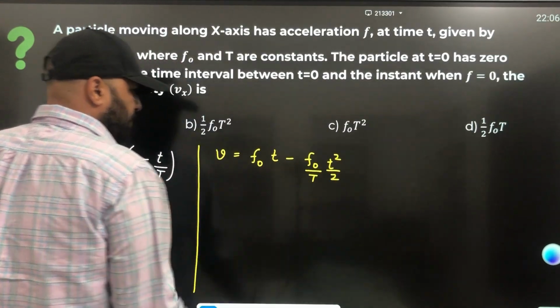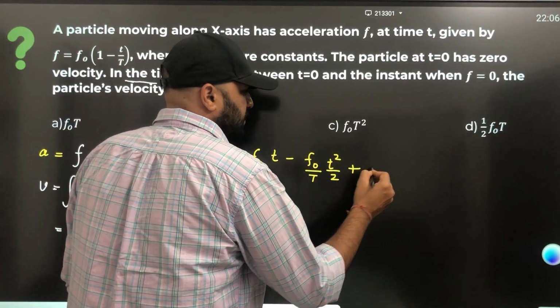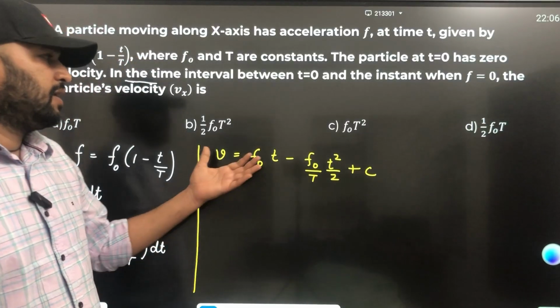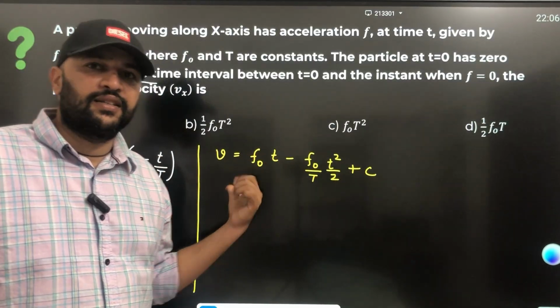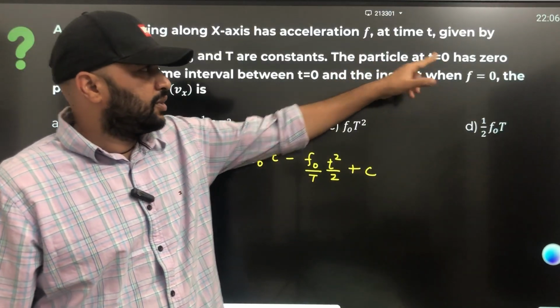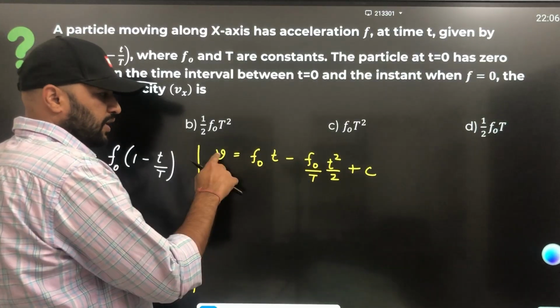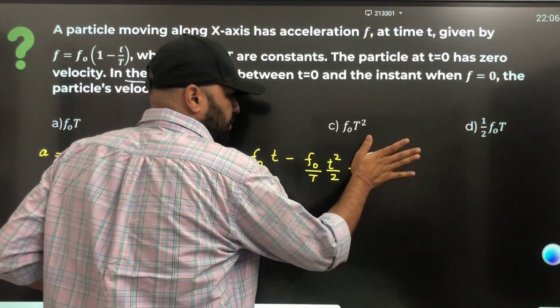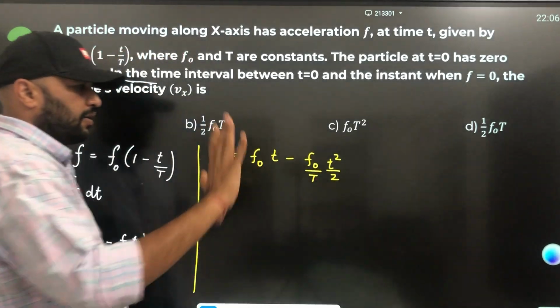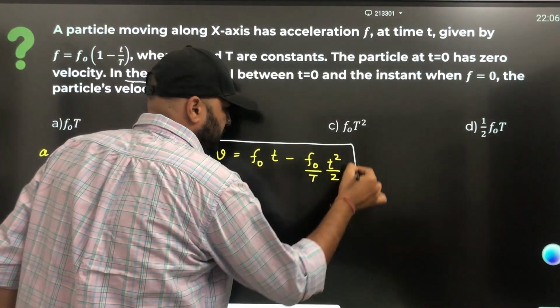And on integrating, we get a constant also, so plus c. This is our velocity function after integrating the acceleration. Now the problem says the particle at t equal to 0 has 0 velocity. So if I put t as 0, velocity is 0, so the constant becomes 0. This is our velocity function after integrating.